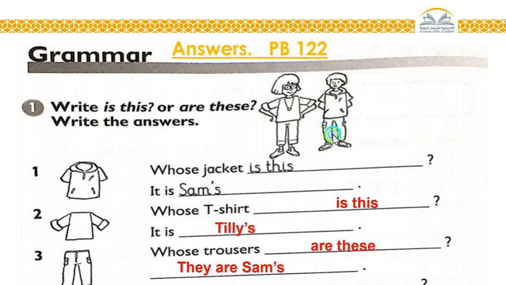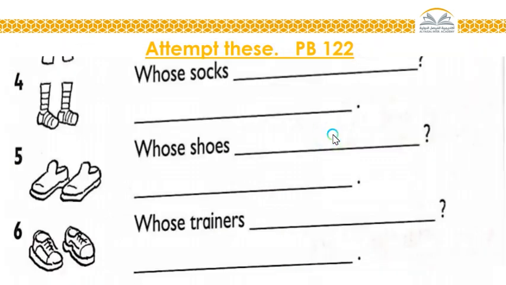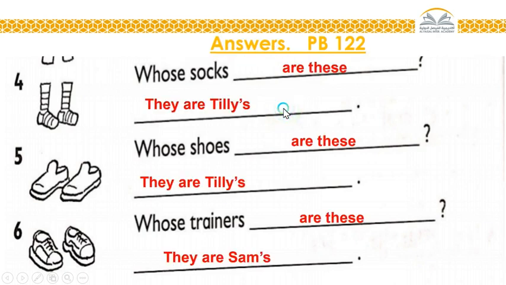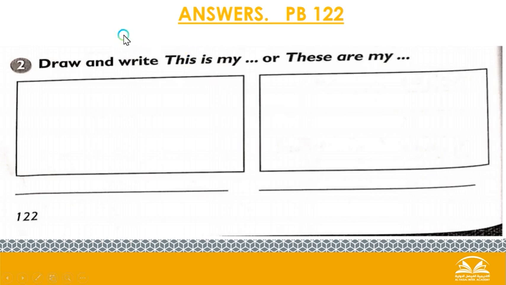Alright? And then you have the same thing here, 4, 5, and 6. So you go back to the picture and check whoever is wearing all these. And then you complete the questions and answer the questions. And of course you have the answers at the back. Alright? Good. So you're going to draw and write, this is my, anything you like.